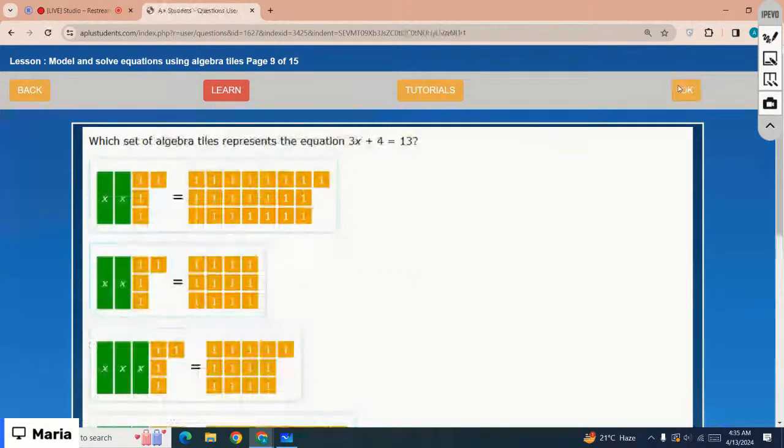Which set of algebra tile represents the equation 3x plus 4 equals 13?